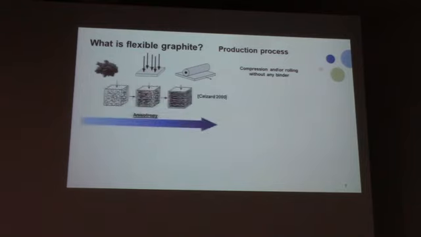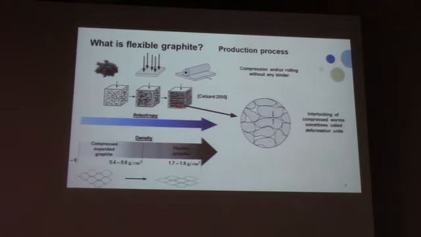And during this compression, these worms are compressed, of course, and they interlock among themselves, and they tend to be orientated in plane direction, increasing the anisotropy of this material, which is a strong typical property of flexible graphite.